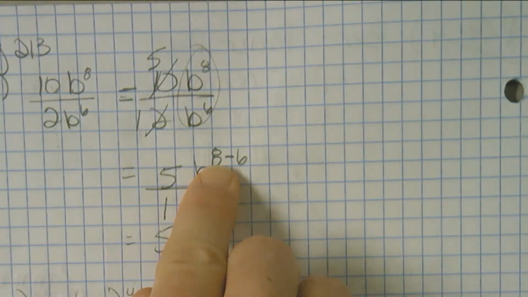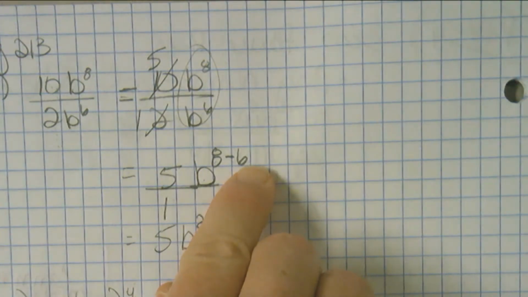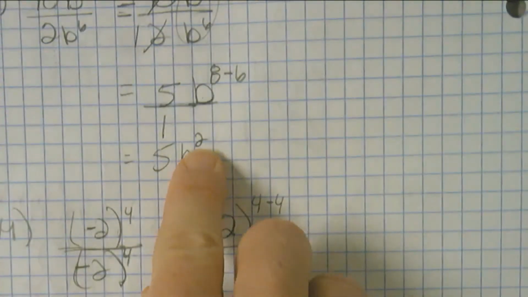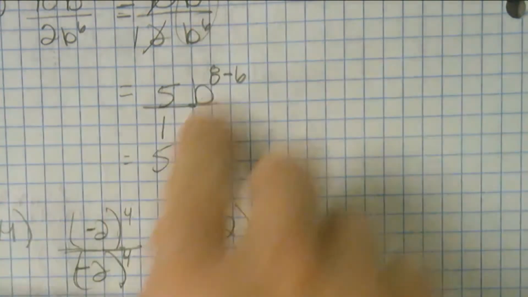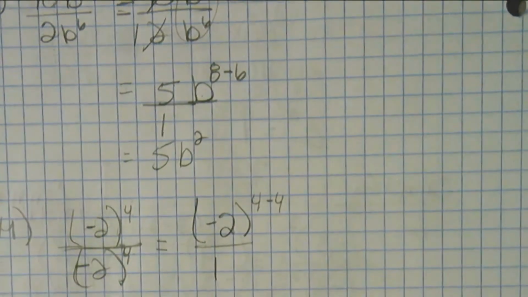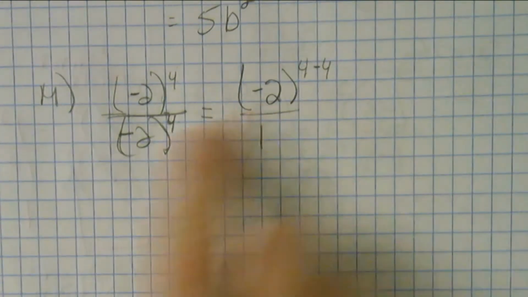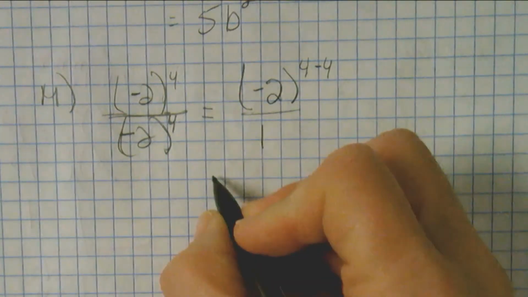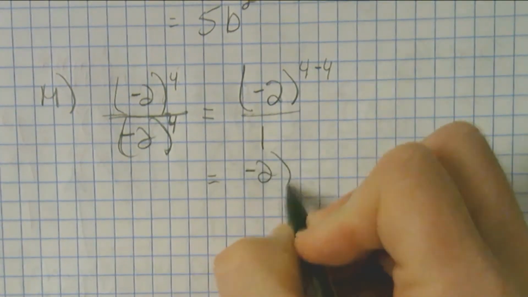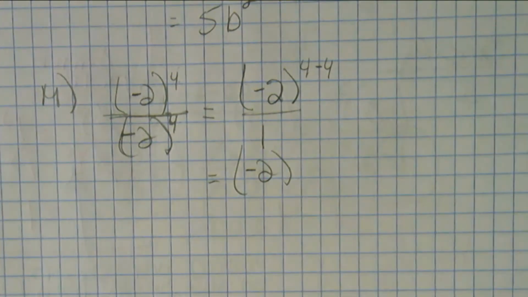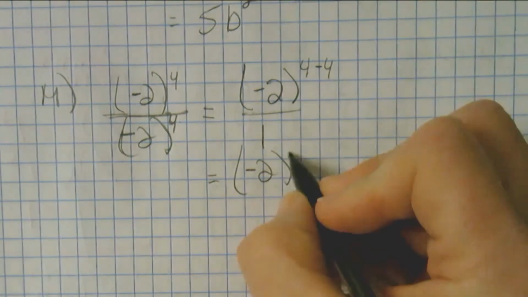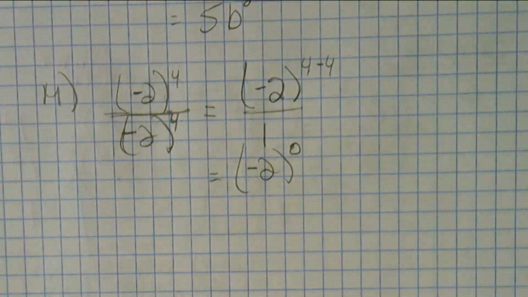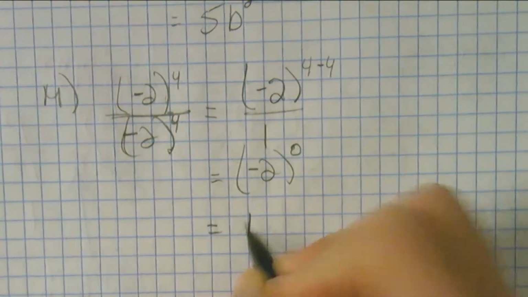They cancel out with 6 of the b's in my numerator, and I'm left with just 2 b's in my numerator. That's what this power rule is doing. All right, so I can't divide out that negative 2 here. My negative 2 is still my base. So I end up with negative 2 in parentheses because it is the base. 4 minus 4 is 0. So I have negative 2 to the 0 power, which equals a 1.